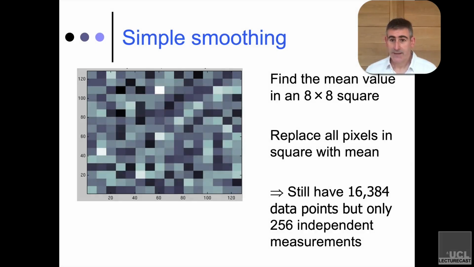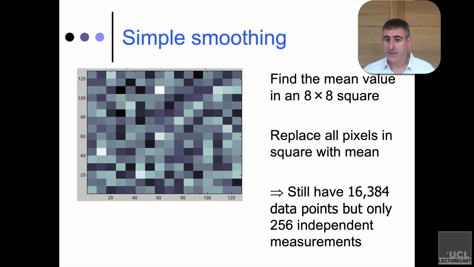I could make things easier on myself by taking that data set and smoothing it a bit, right? So I could, for instance, take 8 voxels along the x-axis, 8 voxels along the y-axis, giving me a little square of 64 voxels, compute their mean, and replace all 64 of those with their means. So that's what I've done here.